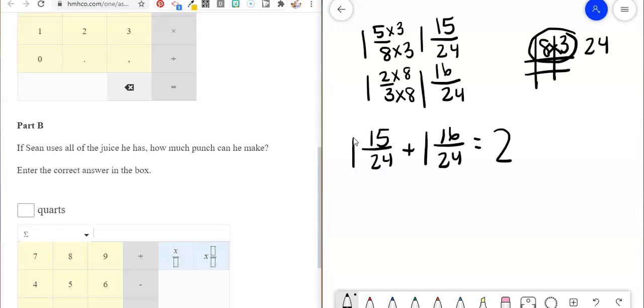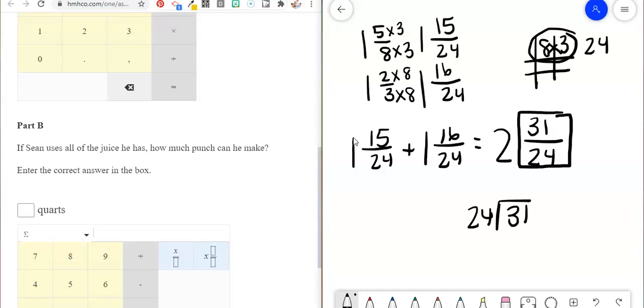My whole numbers, I get 2. My denominator's 24. 15 plus 16 is 31. As you see, this right here is an improper fraction. So I'm going to change it to a mixed number and then make sure I add my 2 in. 24 goes into 31 once. 31 minus 24, we're going to get 7. So I get 1 and 7/24, but I'm going to add my 2 in. So 3 and 7/24 is our answer.